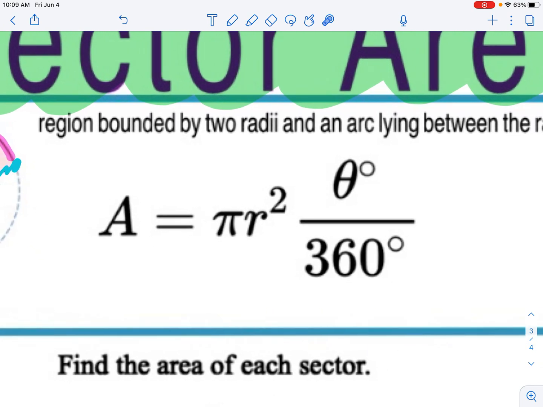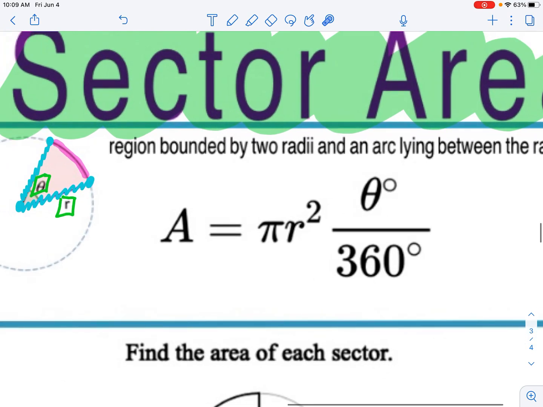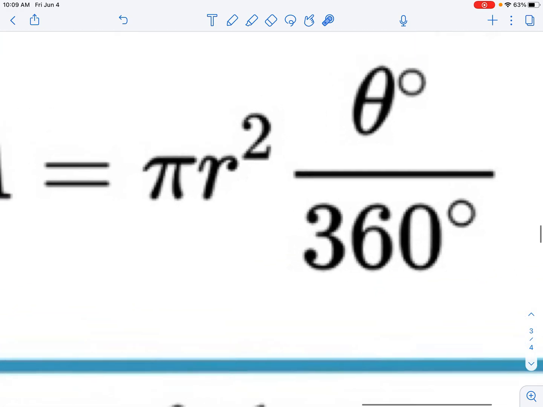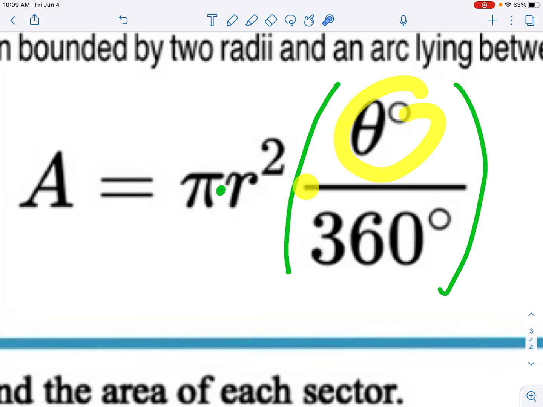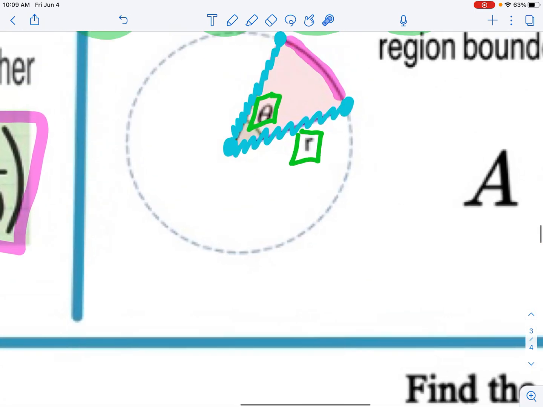So the way we find area, excuse me, that's why it says A, area, is equal to pi times r to the power of 2, and then the whole thing times theta over 360.